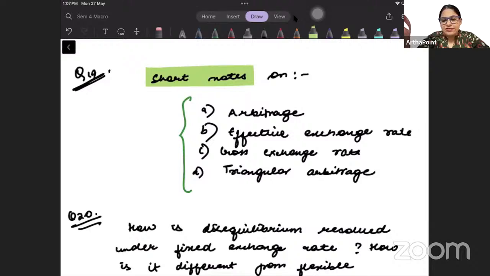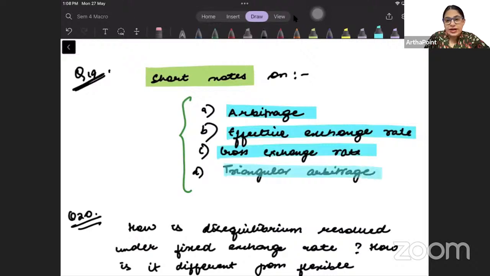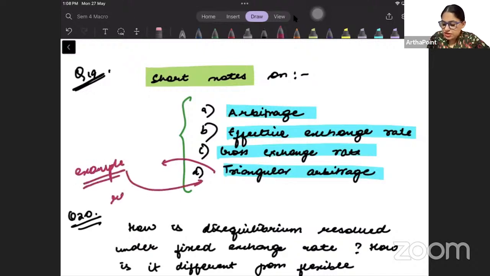Okay, beta, I will definitely try if I can do so. So these are the short notes that you have to do. Arbitrage, effective exchange rate, cross exchange rate, triangular arbitrage. In your book, there is an example given of triangular arbitrage. Please revise that example very well. It can come as a numerical also. The same example can come as a numerical.